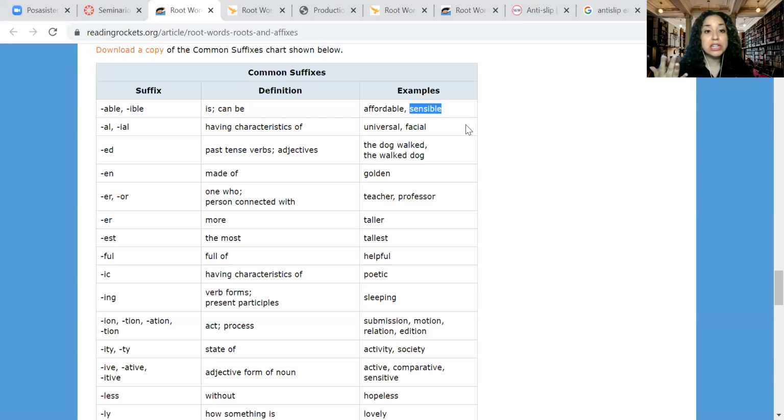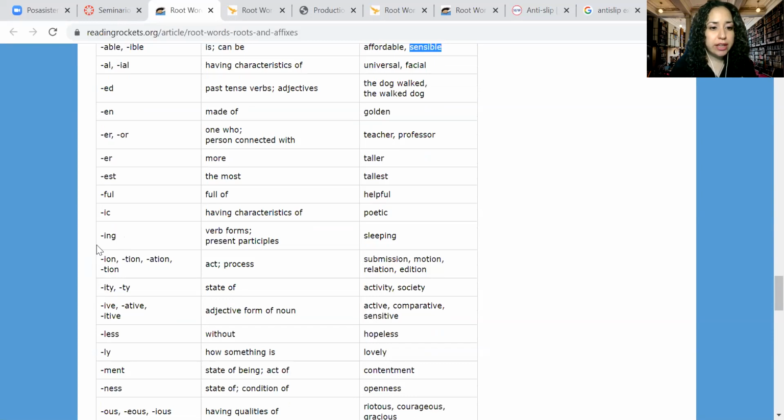And we're not using a dictionary. We're only taking a look at the meaning of the prefixes, suffixes, and roots. The suffix ing, at the end of the word, presents the participle, like sleeping.